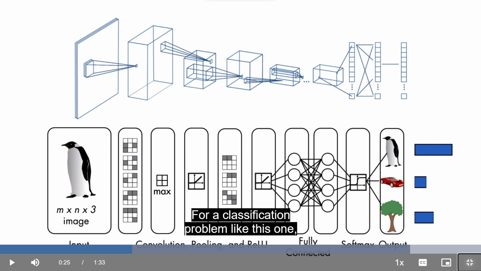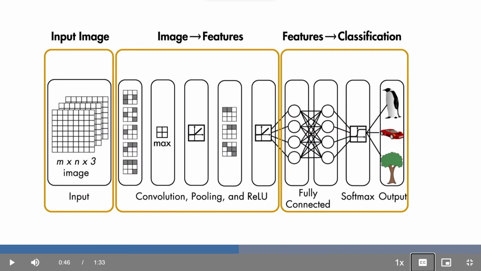For a classification problem like this one, the output layer returns the strength of the network's prediction for each possible class, like penguin, car, or tree, as shown in the figure. There is a lot more detail on the various kinds of CNN layers, but broadly speaking, the bulk of the network turns the input image into a set of features that the last few layers then use to perform the classification.